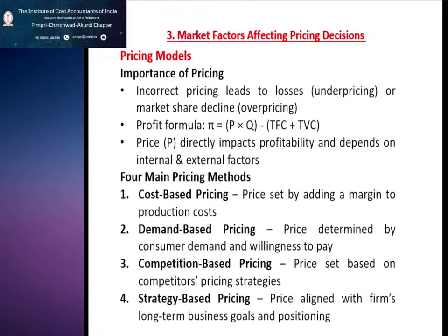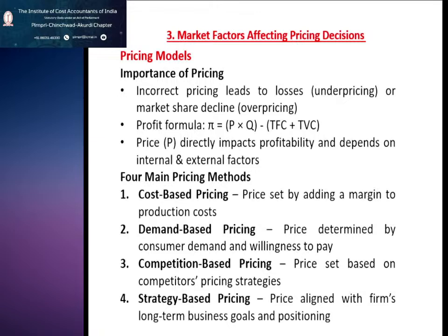So competitors influence your pricing, and that's what we saw with Reliance Jio as a primary case, wherein penetration pricing, which is a subcategory of competition-based pricing, was being adopted by Reliance Jio.